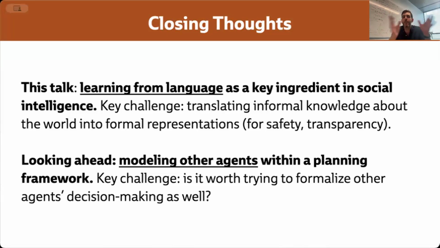So, in the broader landscape of social robotics, this ability to learn new things from language and to translate information that's communicated informally and turn it into something nice and crisp and logical that we can do machine reasoning on is a really powerful tool, and something that we can do in a way that was hard to imagine even 5 years ago.